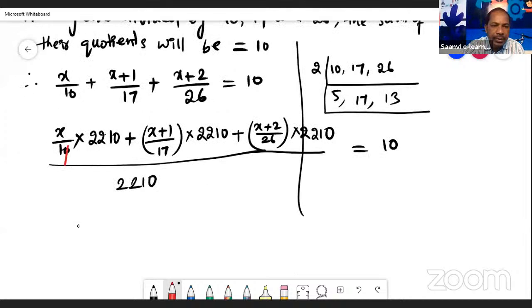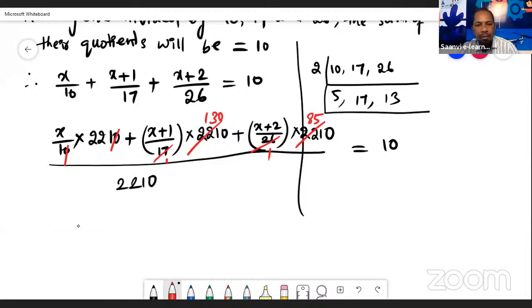See here, 0, 0 cancel. And here, 17 ones are 17, 17 into 130. And here, 26 ones are 26, 26 how many times is it possible? 85.